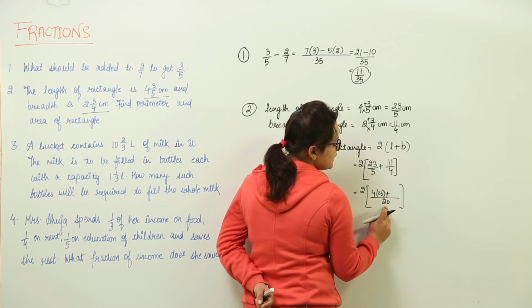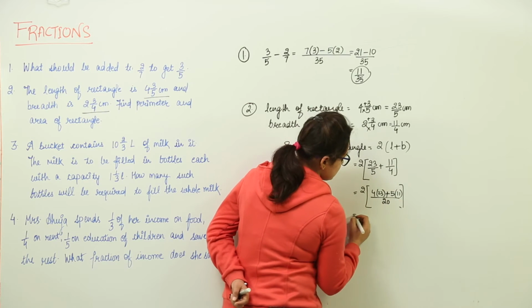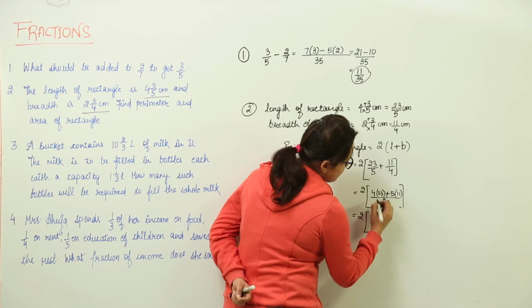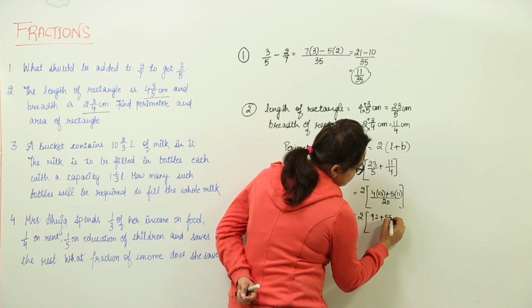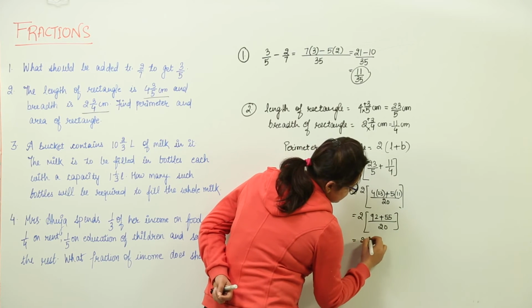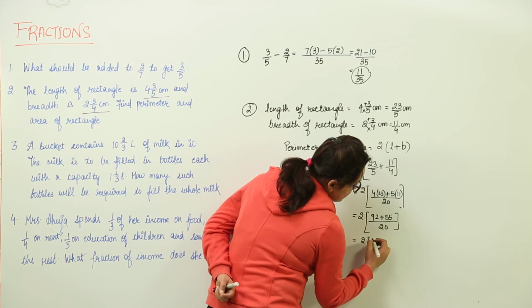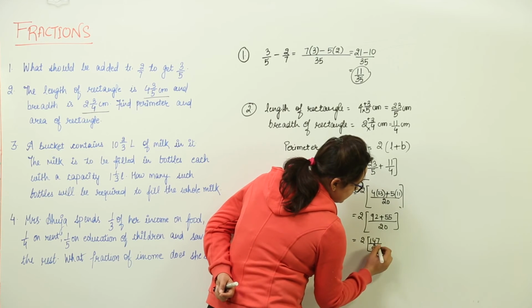Plus 4 how many times is 20? 5, and we write 11 as it is. Further solving, we get 4 into 23, 4 3s are 12, 1, 4 2s are 8, 9, plus 11 into 5, 55 upon 20. Further solving, 92 plus 55 is 147 upon 20.